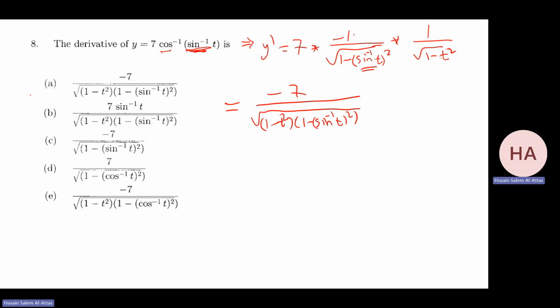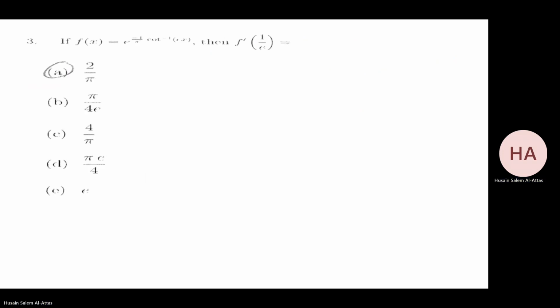Okay, which is this one? Y equal E. Not sure what that is. I think minus 4 over pi. I cannot see it.